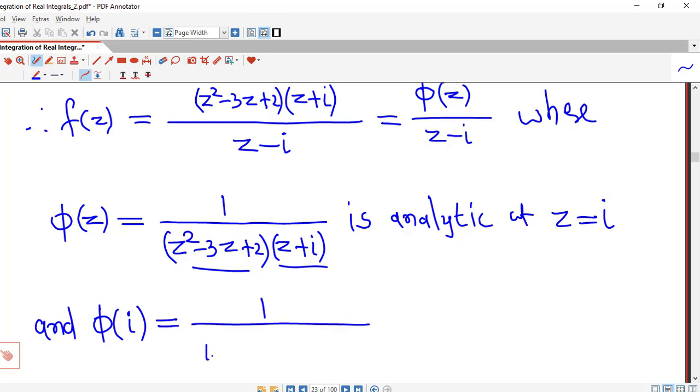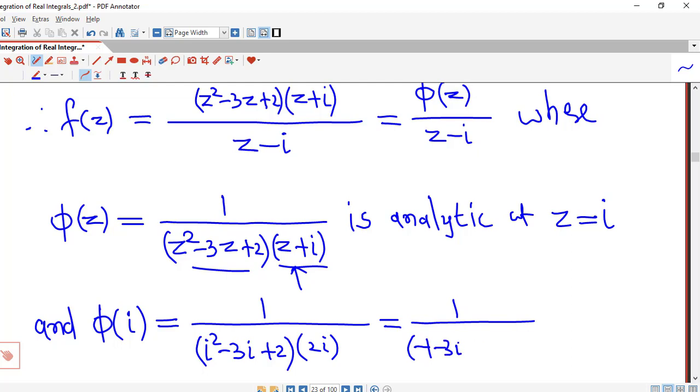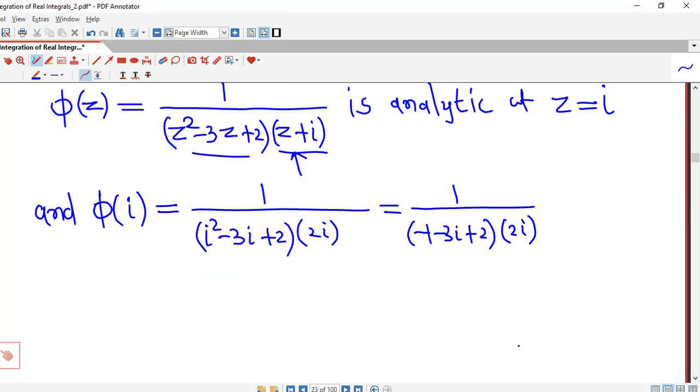So we put z equal to I here, I square minus 3I plus 2, and here I plus I, that is 2I. Now if we consider I square equal to minus 1, we have minus 1 minus 3I plus 2 into 2I. Okay, we replace I square by minus 1, so minus 1 minus 3I plus 2. Again this can be rewritten as 2 minus 1, that is 1 minus 3I into 2I.